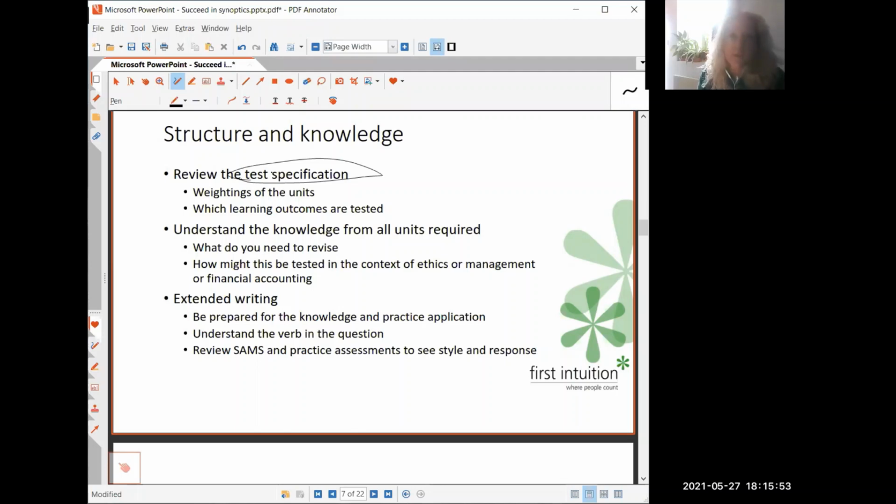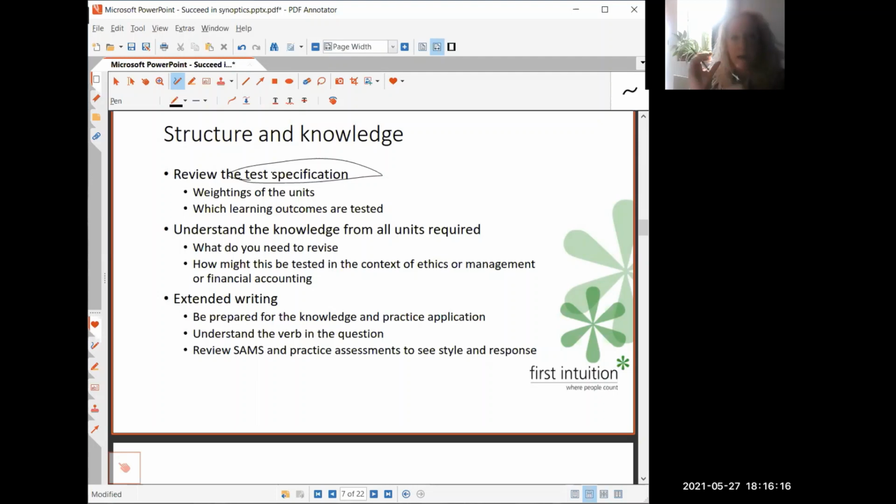So you've got a test specification, or you've got, I'm trying to think of what the other word for it is. It's a document that details everything about that qualification overview. That's the word that I'm looking for. So there's a qualification overview, and within that, you'll have the details of all the learning outcomes for every unit.